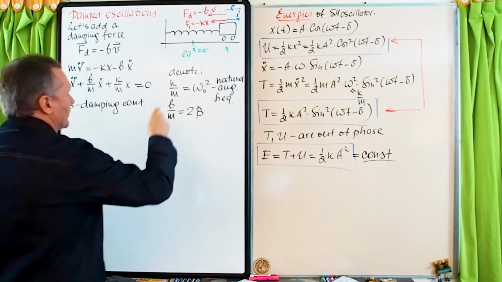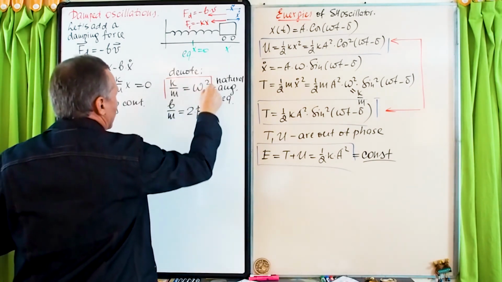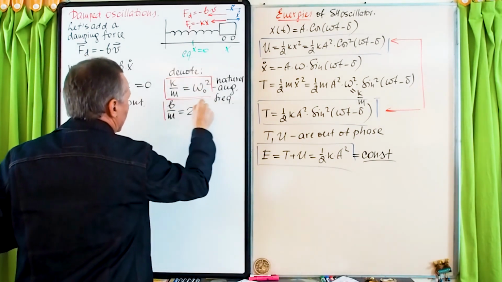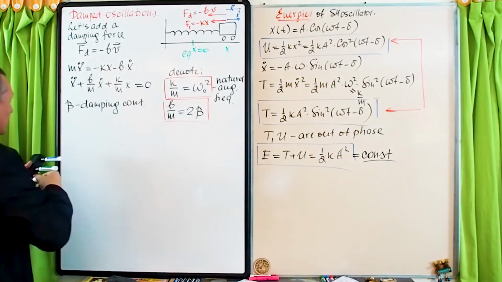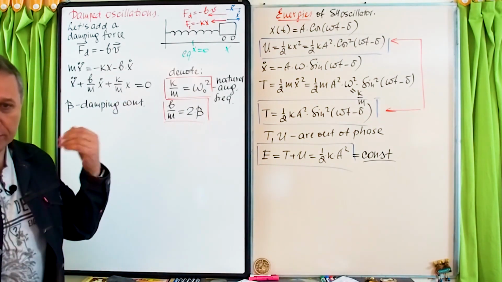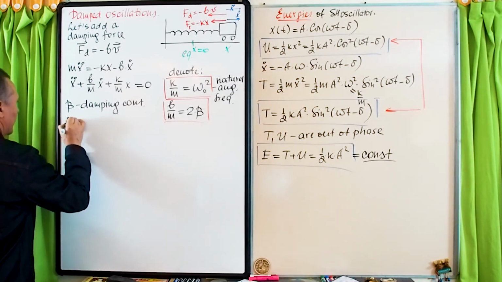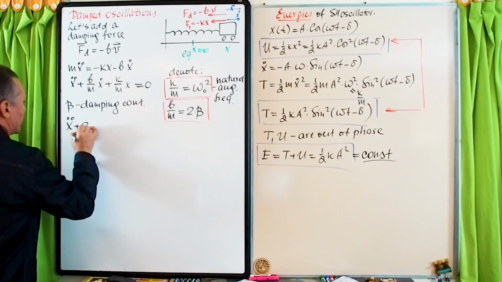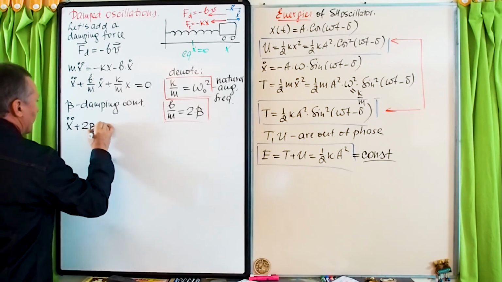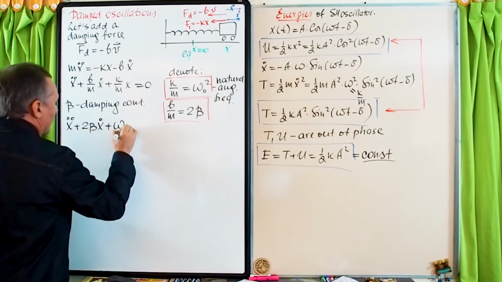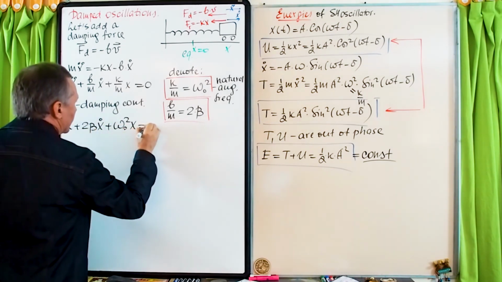Let me frame this because these are important. Now the differential equation, and we will start from this point next class: x double dot plus 2 beta x dot plus omega naught squared x equals 0.